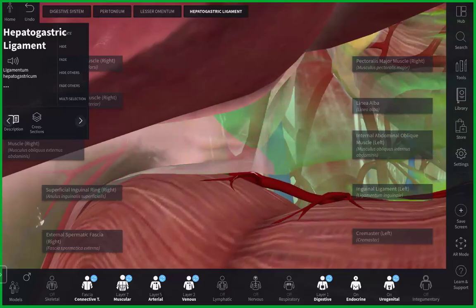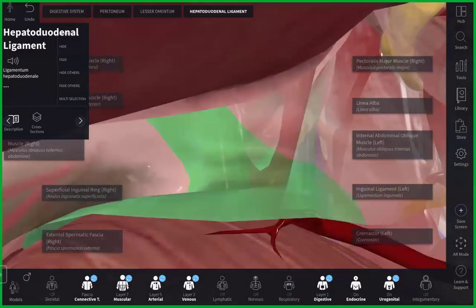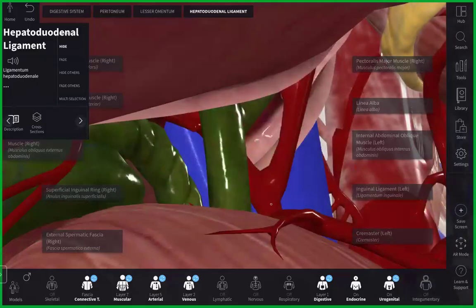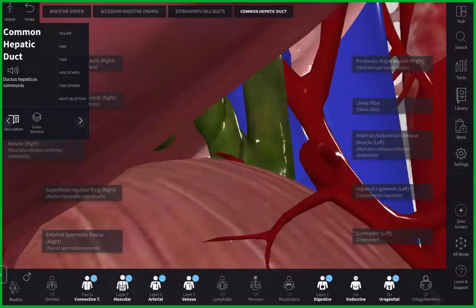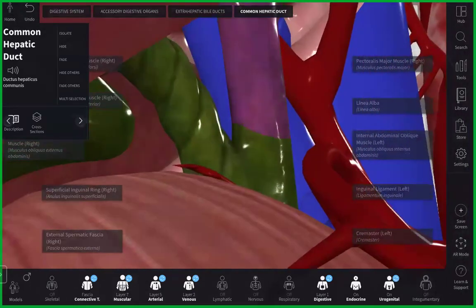Now, inside this hepatoduodenal ligament, the arteries I have shown you are inside this. But not only the artery. See, I'll be hiding it. So we can see common hepatic duct and cystic duct making bile duct.